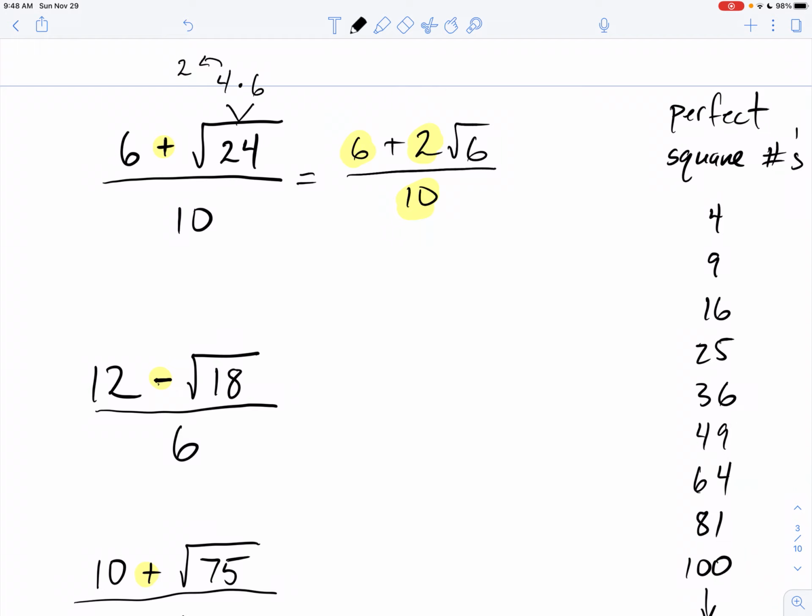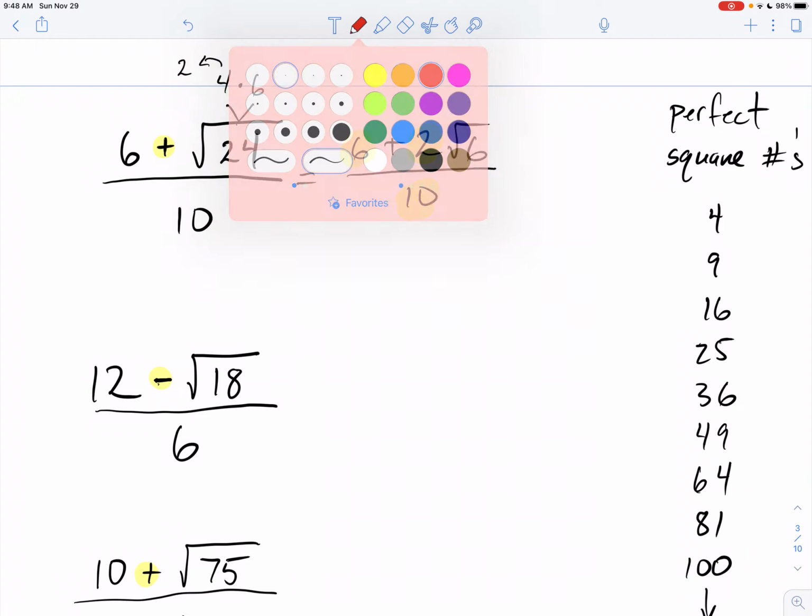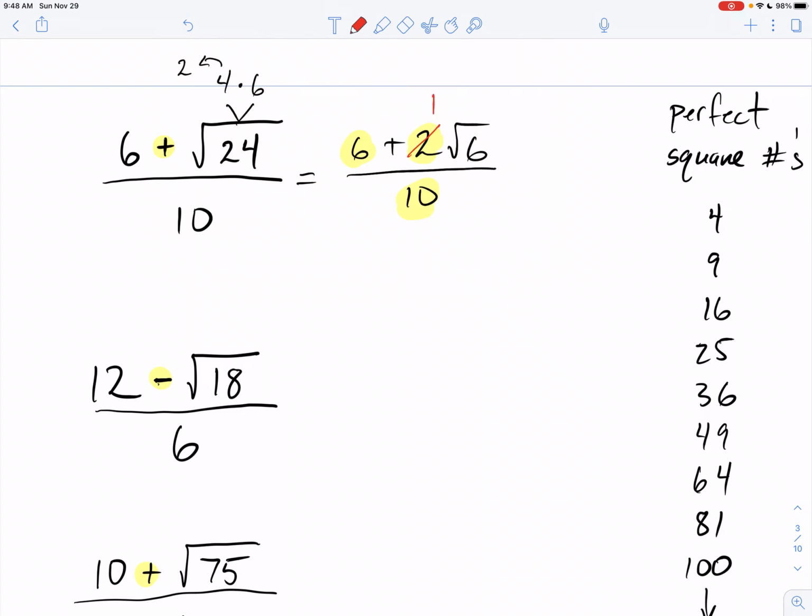That's your key. 2 goes into itself. It does. Hang on, I'm going to use a different color. 2 goes into itself once. 2 goes into that 3 times. 2 goes into that 5 times. Then I have a reduced answer. The answer I'm looking for is 3 plus root 6 over 5.